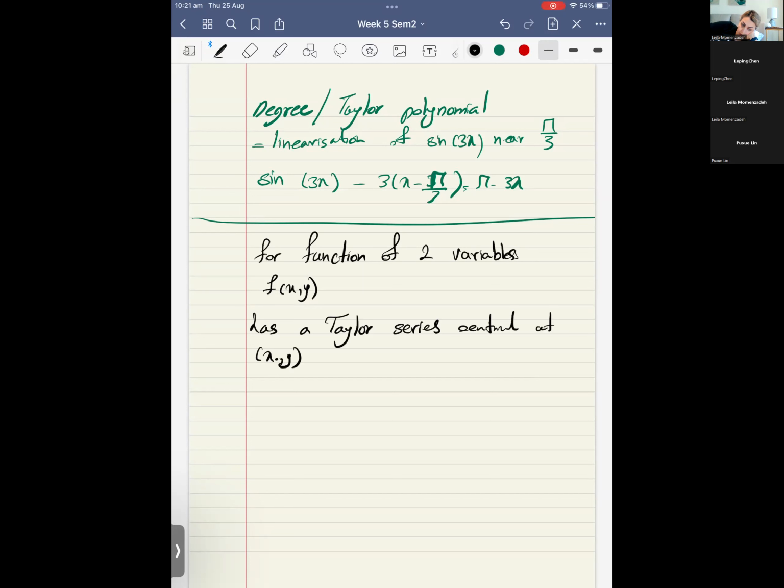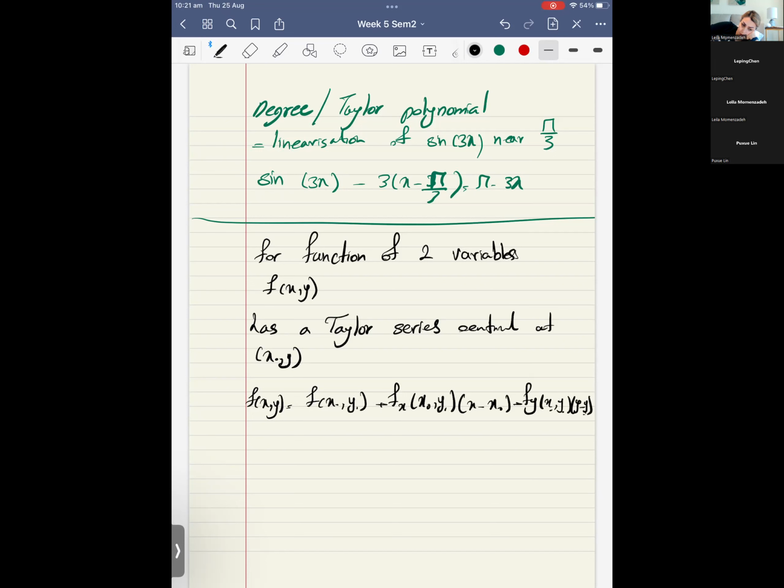It means that the f of x y would be equal to f x0 y0 plus fx x0 y0 times x minus x0 plus fy x0 y0 times y minus y0.